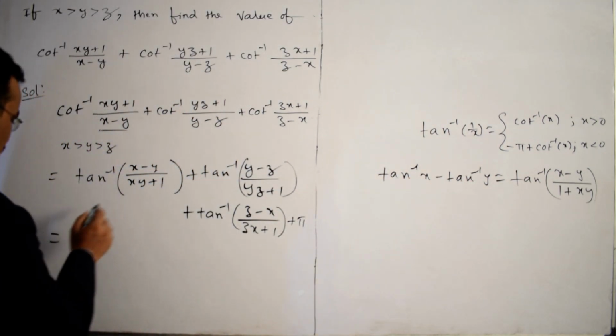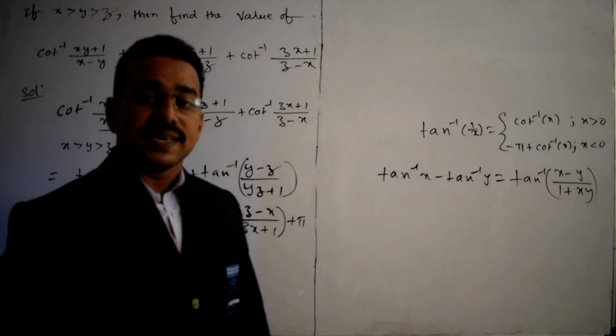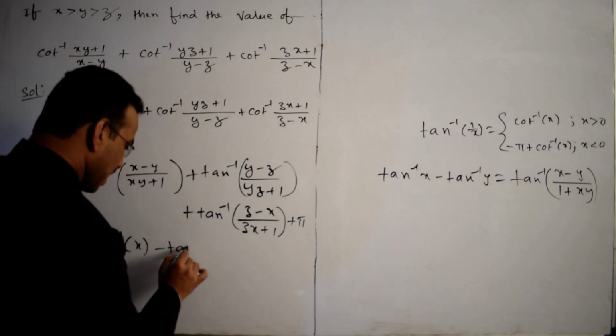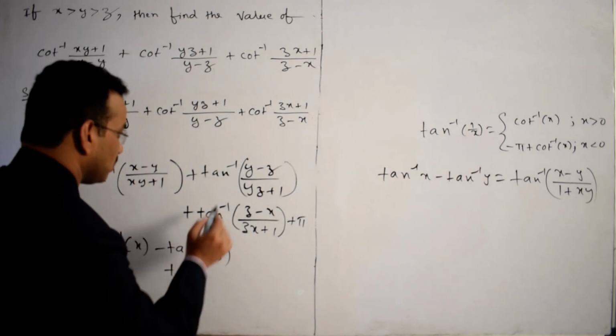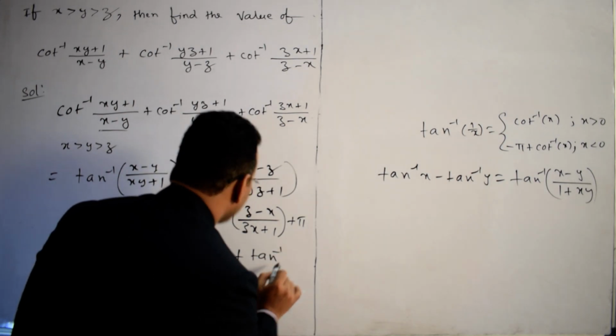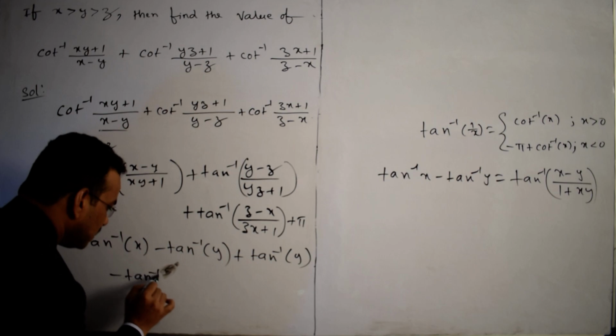The first term can be written as tan inverse of x minus tan inverse of y. Similarly for the second term, tan inverse of y minus tan inverse of z.